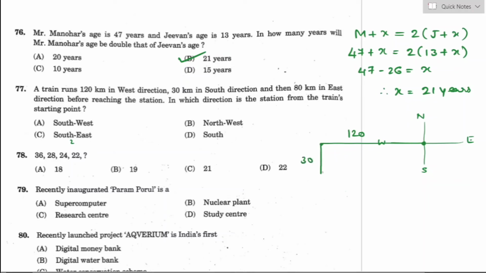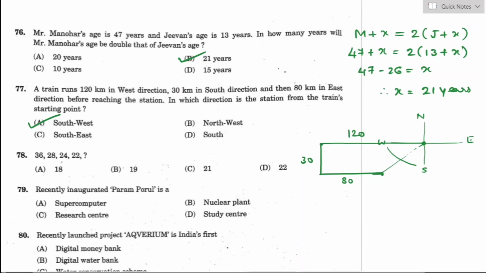So it is 30 km south and then 80 km in east direction. So for 80 km it is running in east direction. So this is the end point of the train. Now in which direction is the station from the train starting point? This is the train starting point. Now the train is in southwest direction. So option A is the right answer.